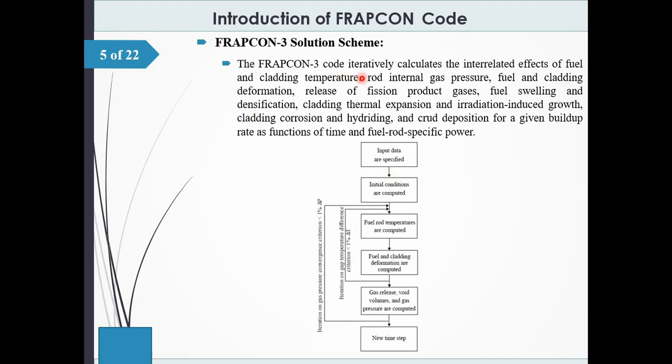The FRAPCON 3 code calculates the interrelated effects of fuel and cladding temperature, rod internal gas pressure, fuel and cladding deformation, release of fission product gases, fuel swelling and densification, cladding thermal expansion and irradiation induced growth, cladding corrosion and hydrogen pickup, and crud deposition for a given build-up rate as a function of time and fuel rod specific power.